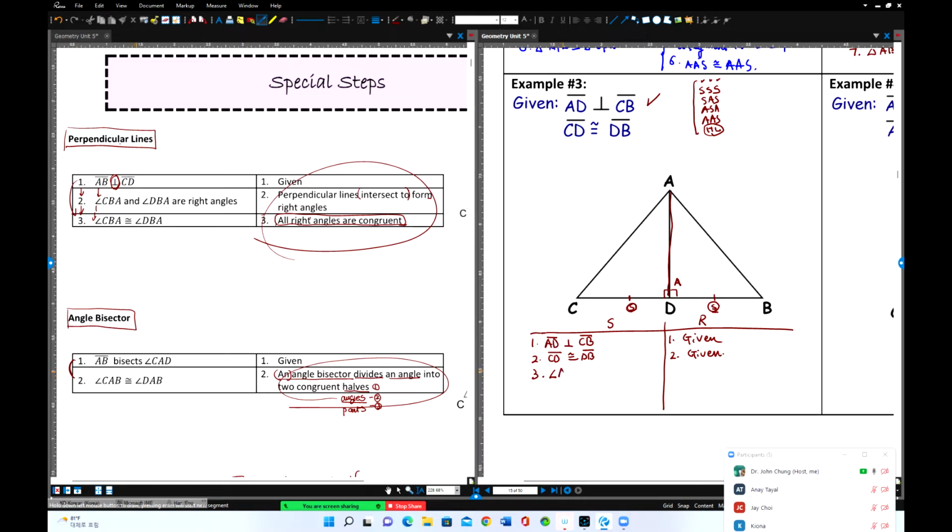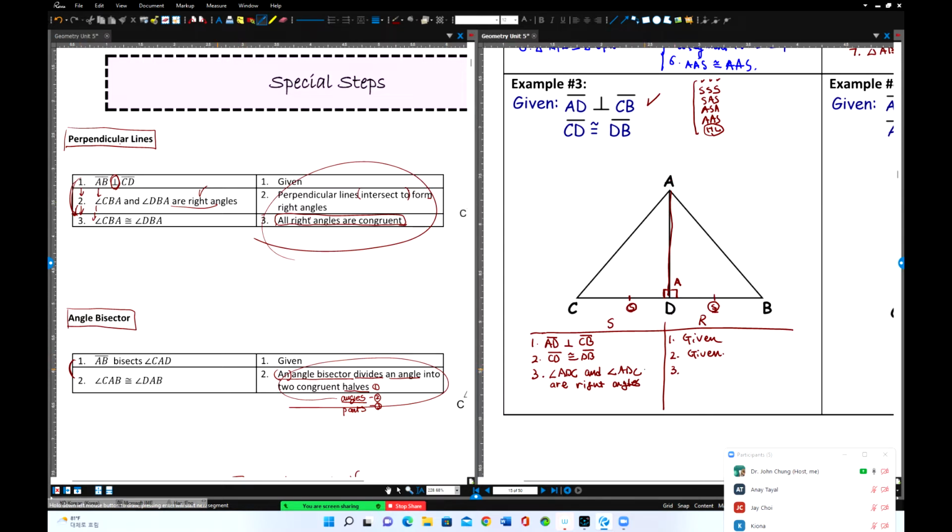Angle ADC, this angle, and angle ADB, the other side angle, using perpendicular, are right angles. Can you see that over here? Right angles. Don't jump to 3, okay?